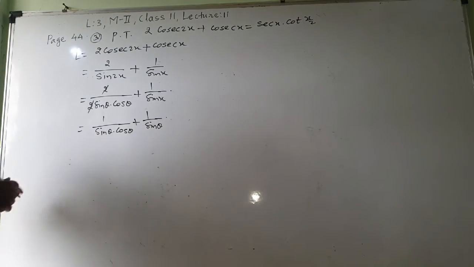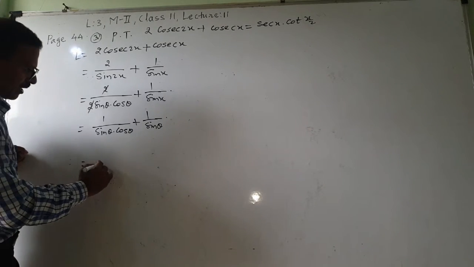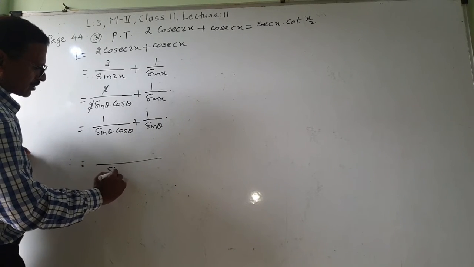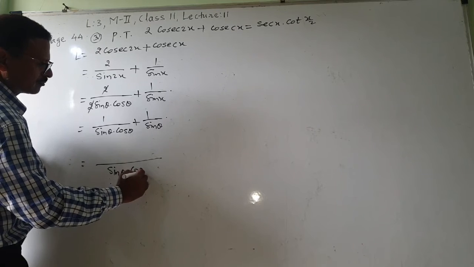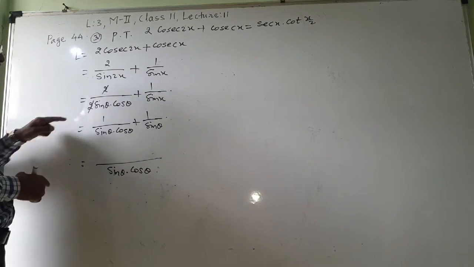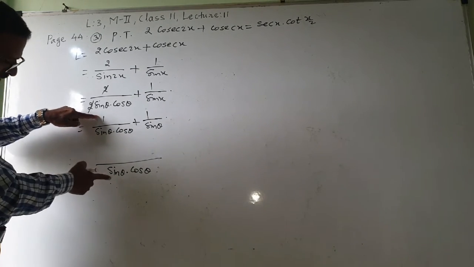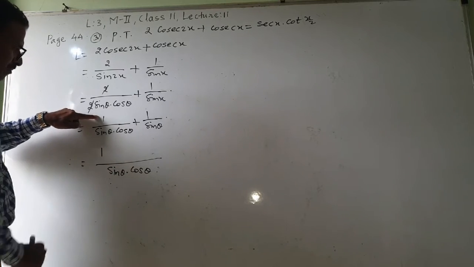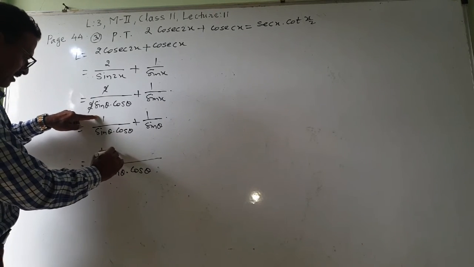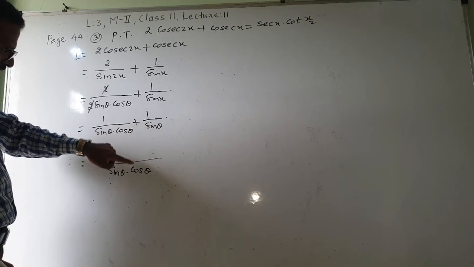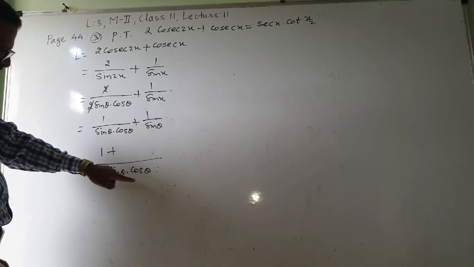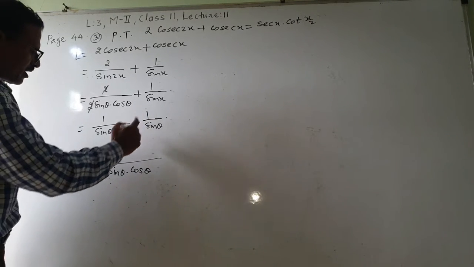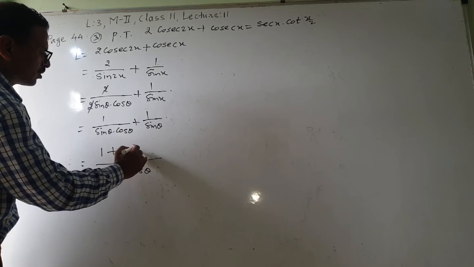Take the LCM of this, and the LCM will be sine theta into cos theta. By what do I have to multiply? Everything is there in the first term, so I don't want to multiply. 1 plus, now out of this, cos is not there, so I will multiply the numerator by cos, so 1 plus cos theta.